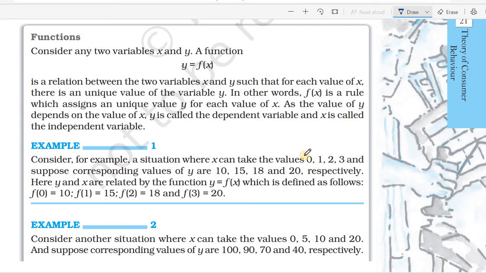When the price is 10, that time quantity demanded 0, and like that this is showing a functional relationship between these two variables.